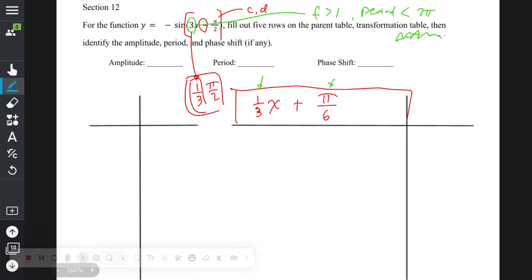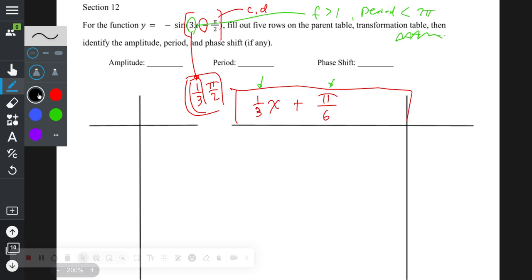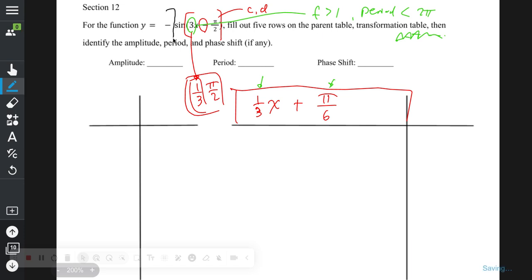So now let's fill in these blanks as well. The amplitude, okay, we see here that all we have is a reflection, kind of a negative factor. So the amplitude, not that there is no amplitude, it's simply 1. Period, as we see here, is going to be 1/3 of the standard period of 2 pi.